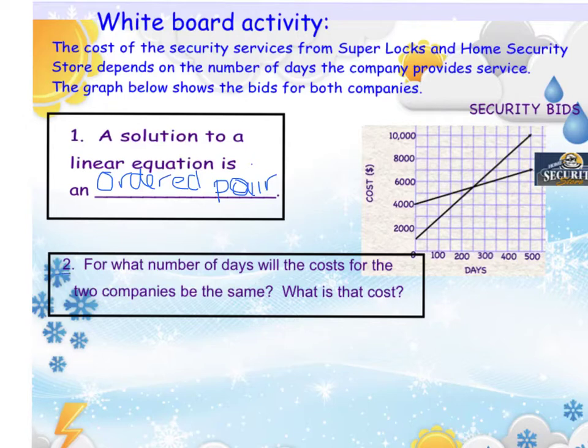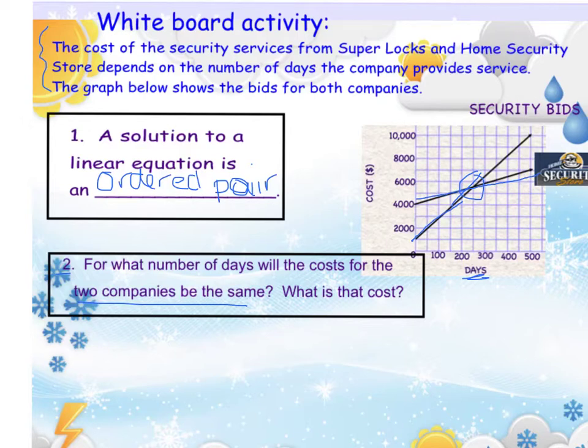All right, second one, for what number of days will the cost of the two companies be the same? So you can read this part on your own, so pause it, read it. But to find when the two companies will be the same, if you think about it, one of the companies starts here and is going up. This shows their cost based on the number of days, where the second company is here. So where they are the same is that point of intersection.